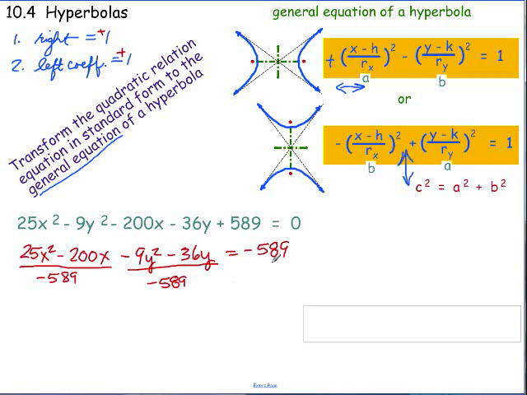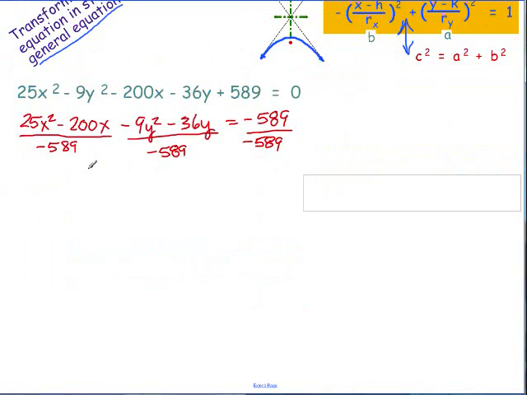And then maybe I should extend this. All right, so what do I have right now? I've got my 1 over here. I've got a mess, actually, haven't I?